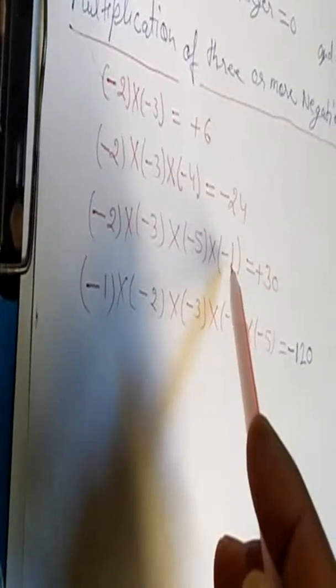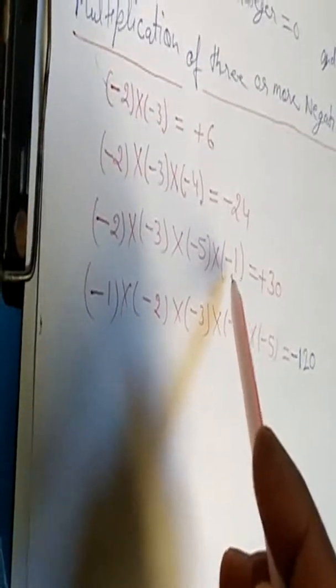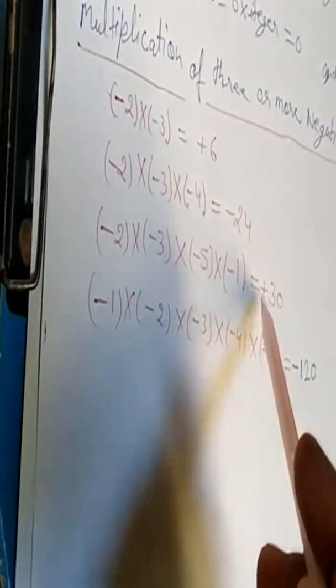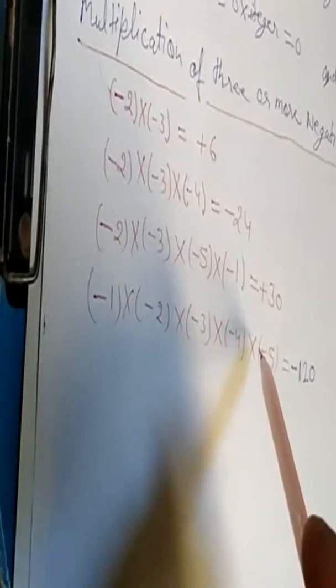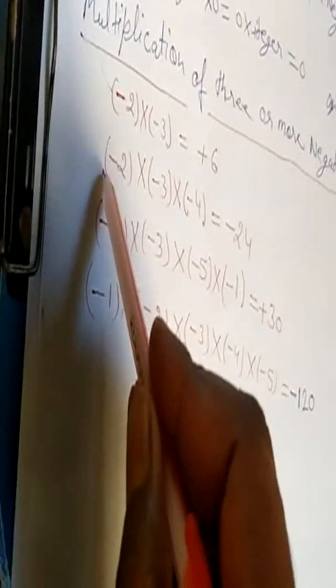So 1 2 3 4, 4 is an even number, so its symbol becomes plus. 1 2 3 4 5, 5 is an odd number, so the symbol will be minus. Or you can say make a pair. If the pair is completed, then it is plus, but if the pair is not completed, then it is minus. Here one pair, two pairs. The pairs are completed, so it is plus. And then multiply it.